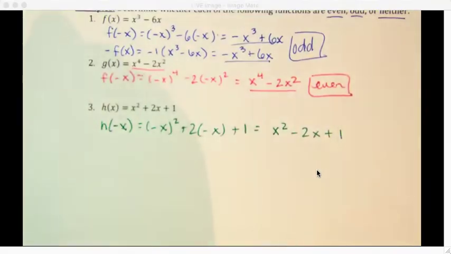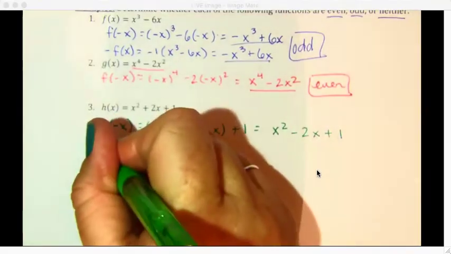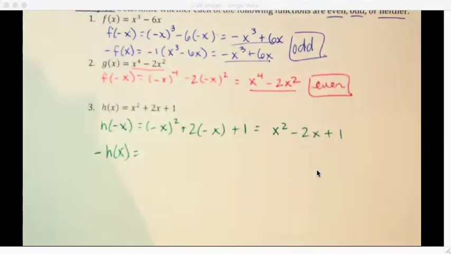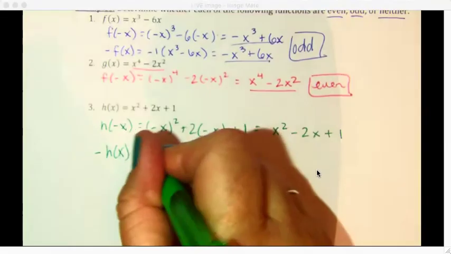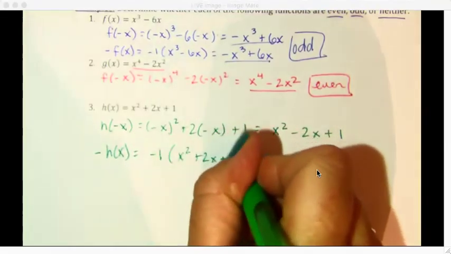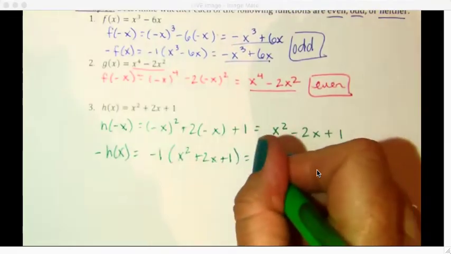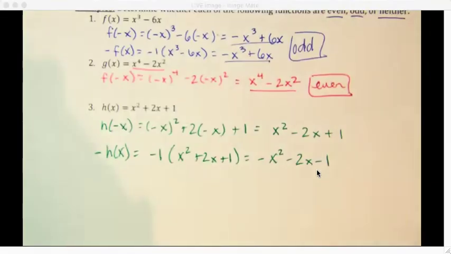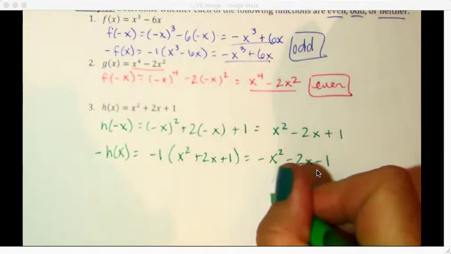So it's not even. Then I'm going to find, well, what's negative h of x? So negative h of x is negative 1 times x squared plus 2x plus 1. And distributing that negative 1, I get negative x squared minus 2x minus 1. And since those two are not the same, it's definitely not odd. So it's not even, it's not odd, it's neither.